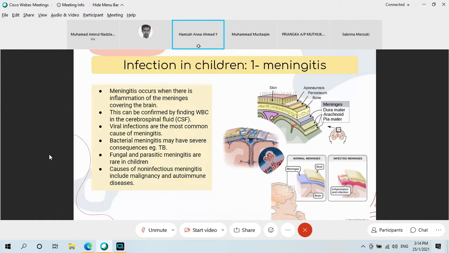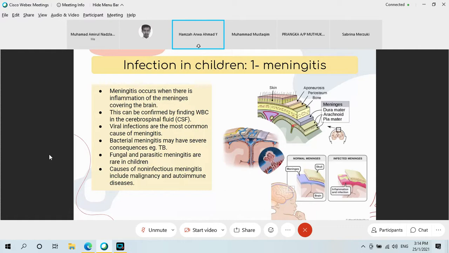Viral infections are the most common cause of meningitis, and pediatric bacterial meningitis is most common in children younger than 4 years, with a peak incidence in those aged 3 to 8 months. The most common bacterial causes of acute meningitis in young children are Streptococcus, E. coli, and Haemophilus influenzae.